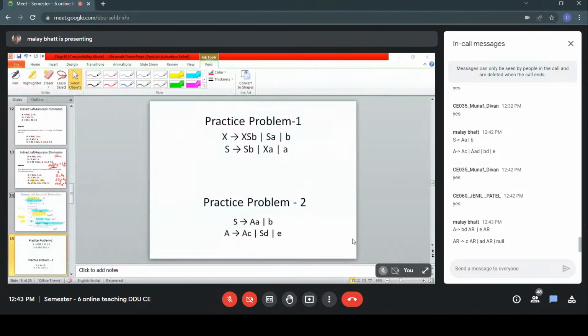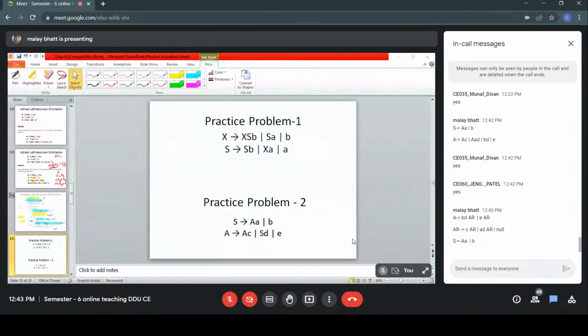It is alpha AR, then delta AR, and then null. Is this clear? So this will be the final grammar. And S will be as it is, no change in the S: A or B.